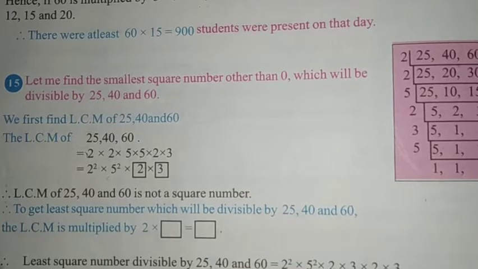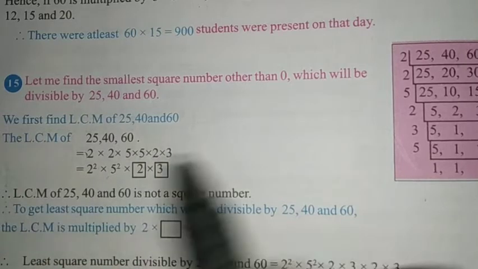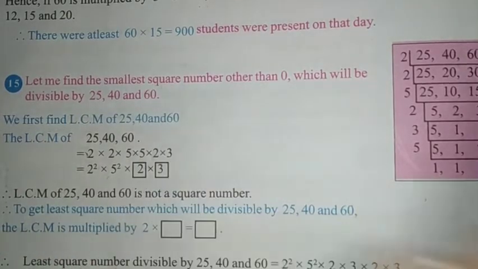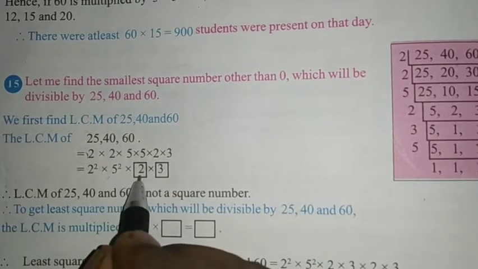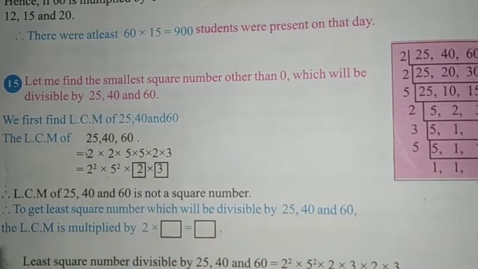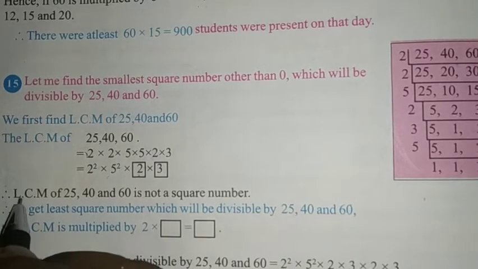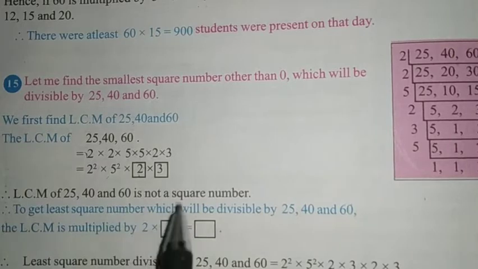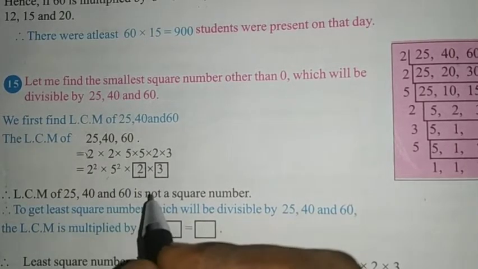So to make this product a square number, what we need to do? We need to multiply this total number with one 2 and one 3, because one 2 and one 3 are not present here. So first of all, write this: the LCM of 25, 40 and 60 is not a square number because 2 and 3 are not present there.